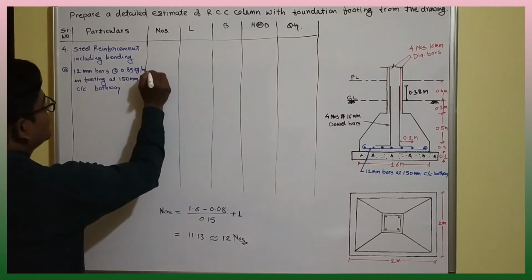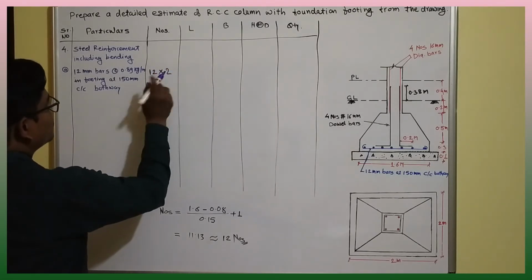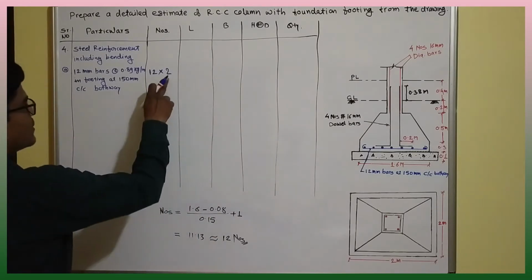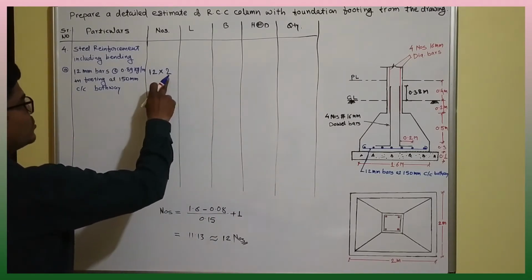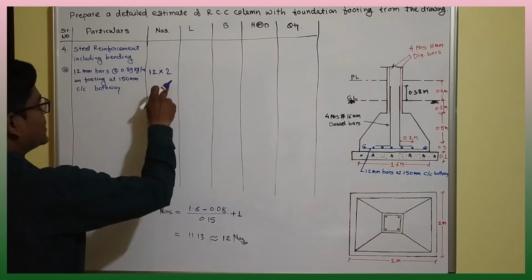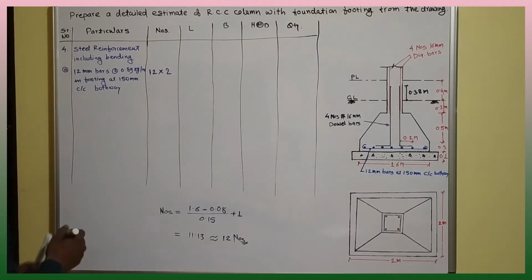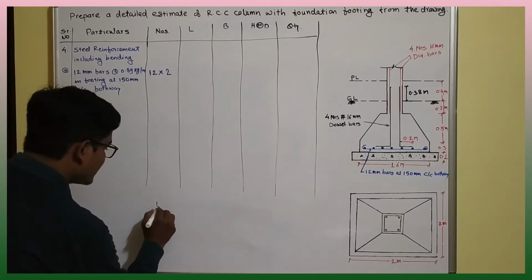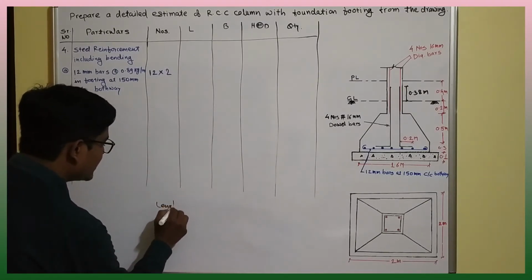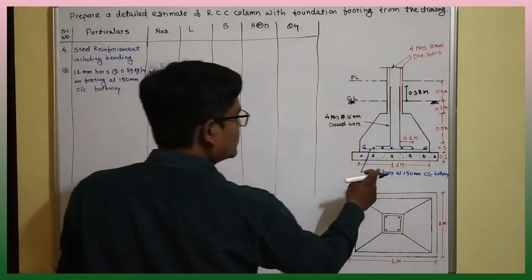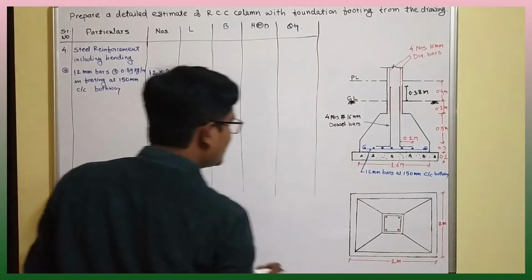So here I will write 12 numbers into 2, because it is provided in x direction as well as in y direction. That's why I will multiply this, 12 into 2.